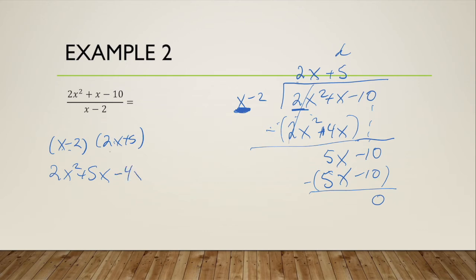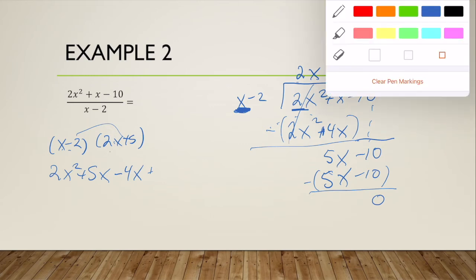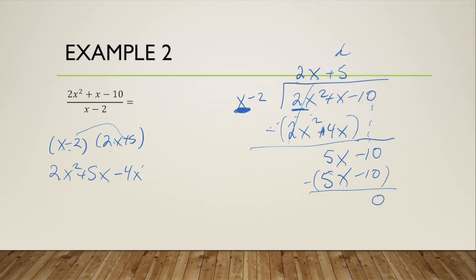And negative 2 times 5 is negative 10. Combine like terms to get 2x squared plus x minus 10. They're even divisors, so they're multiples of each other. For example, if I took 10 divided by 2, you agree that I'd get 5, right? And 2 times 5 is 10.